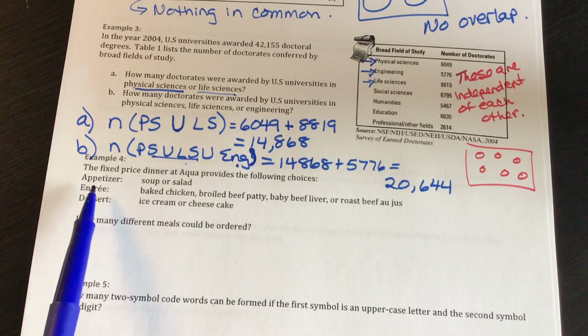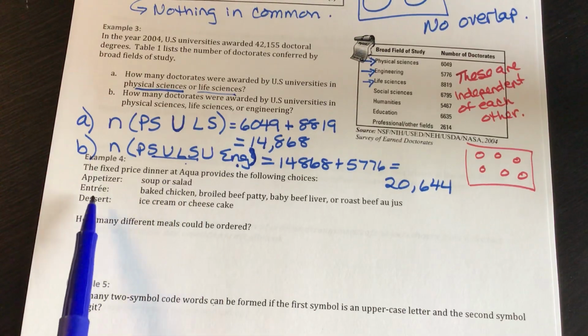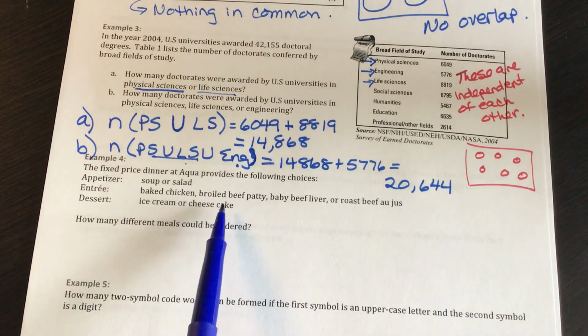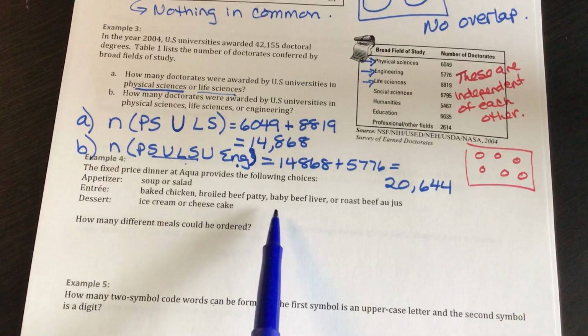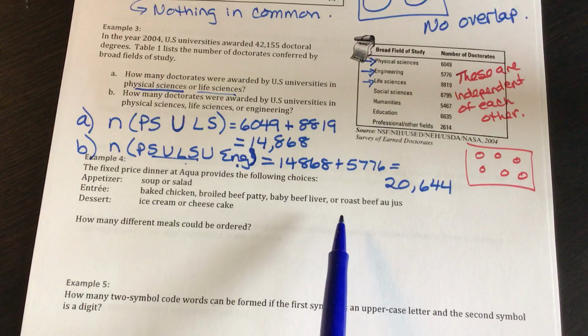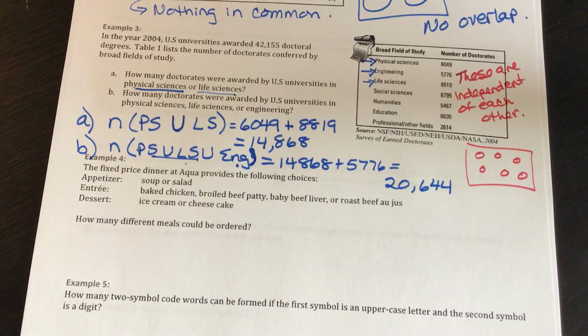You're going to choose an appetizer, which is either soup or salad, an entree, which is baked chicken, broiled beef patty, also known as a hamburger, baby beef liver or roast beef au jus, and then you're going to choose a dessert from ice cream or cheesecake. And they want to know how many different meals could be ordered.